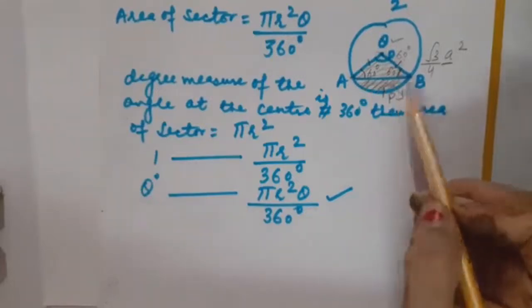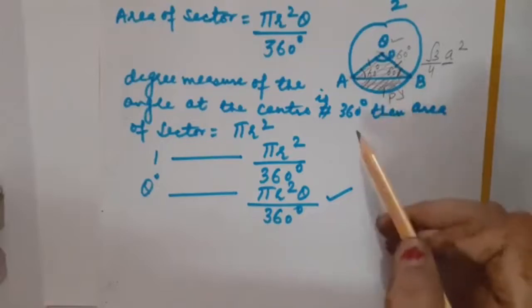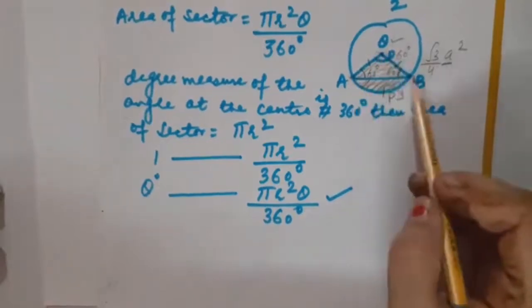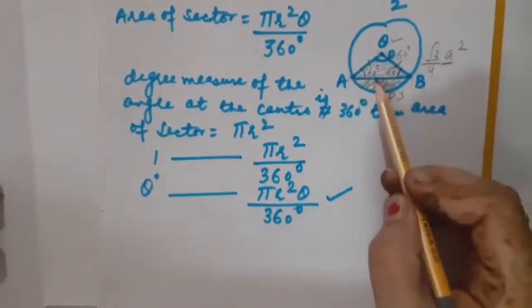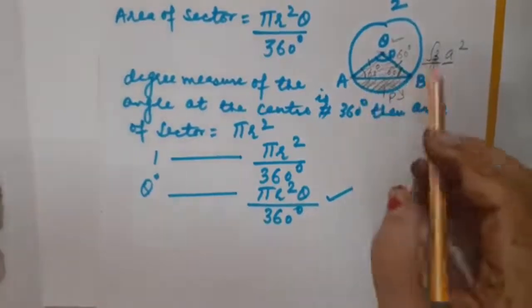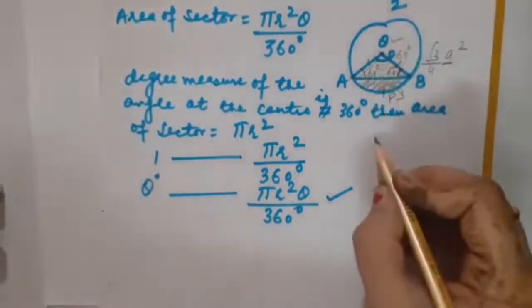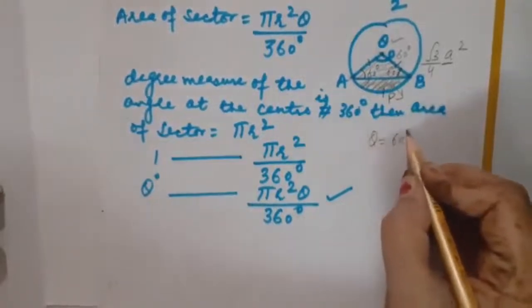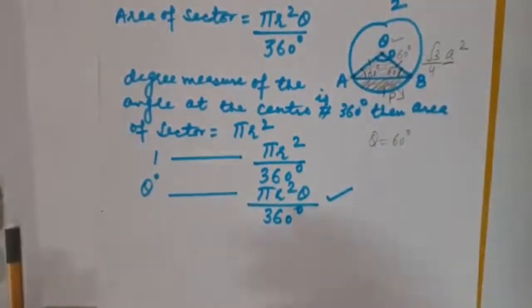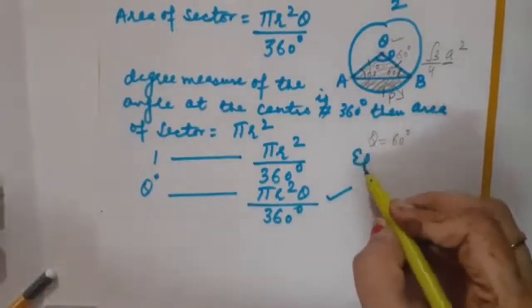So the area of segment is area of sector minus area of triangle. Now it depends on what kind of triangle is formed. As I told you, if theta is 60 degree, meaning the center angle is 60 degree, then it will become an equilateral triangle.